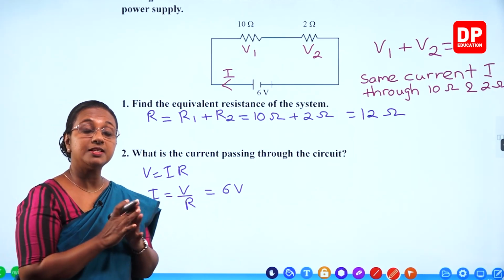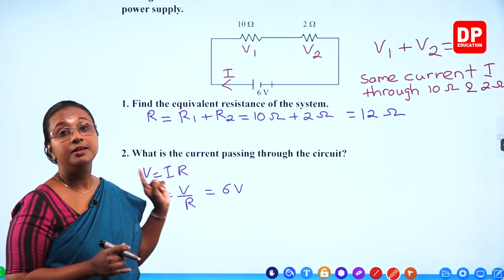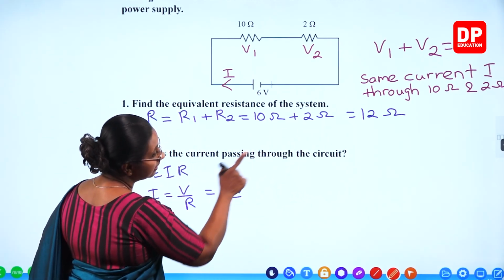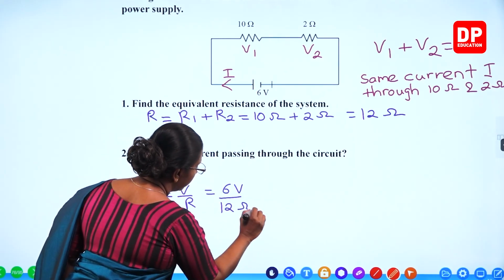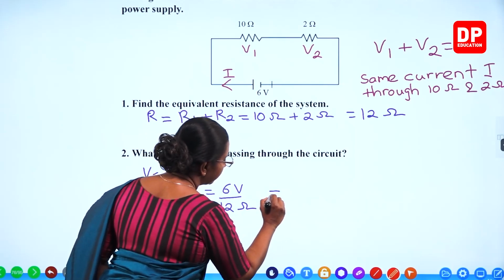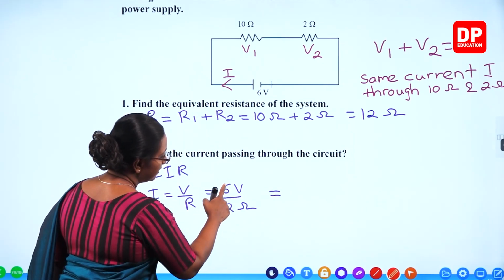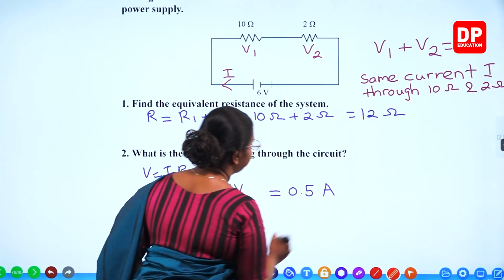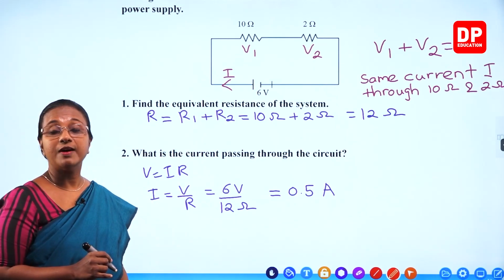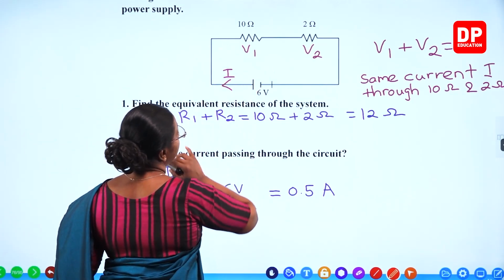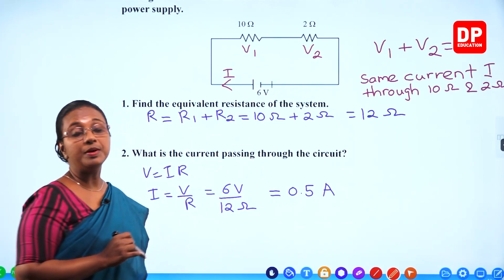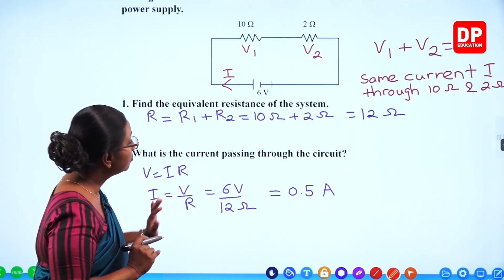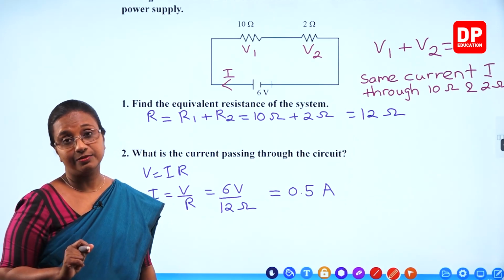That is the potential difference across both the resistors, 10 ohm and 2 ohm. And the equivalent resistance here is 12 ohms. So what is the current? 6 divided by 12, that will be 1 over 2, 0.5 amperes. A current of 0.5 amperes will flow through the 10 ohm resistor and the 2 ohm resistor. You all have to understand that, students. So those are the 2 questions. That is what you need to calculate.